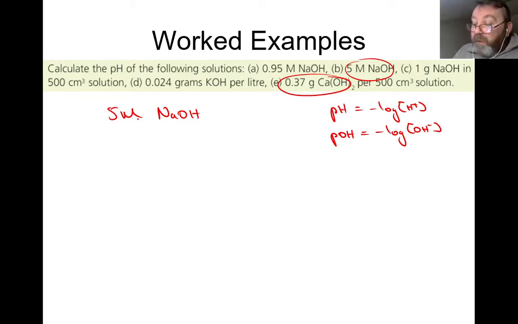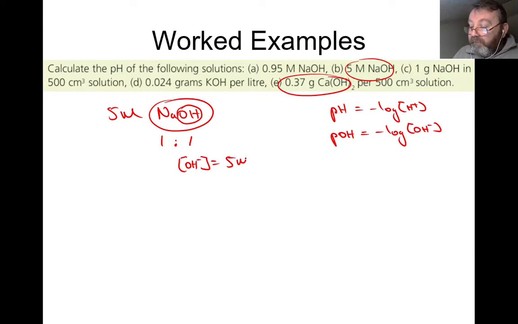We've got a 5 molar NaOH solution. Now, how many OHs does 1 molecule of NaOH make? And the answer is 1. So therefore it's 1:1. So if the molarity of the base is 5 molar, then the molarity of OH will also be 5 molar. So the OH concentration equals 5 molar.